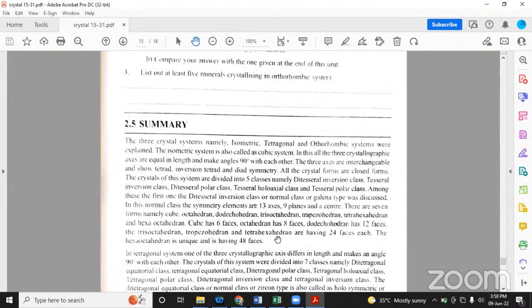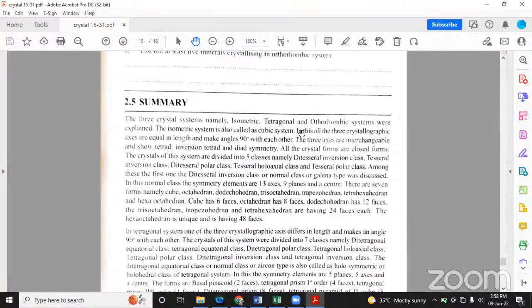The summary of the isometric, tetragonal, and orthorhombic systems. Isometric is called the cubic system. The crystallographic axes are of equal lengths, and the angles are the same. We discussed already how systems are divided based on the angles.